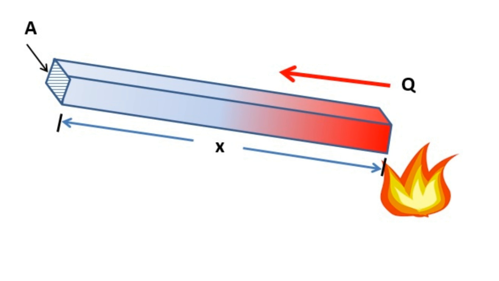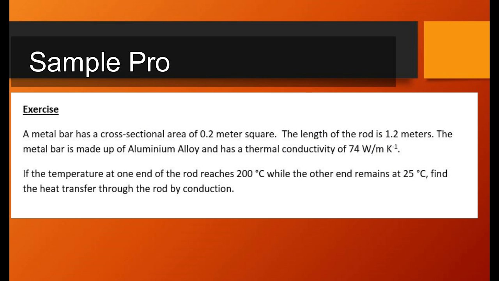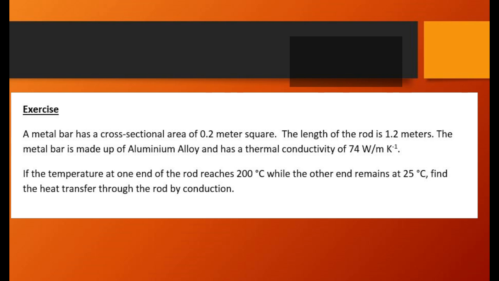In this video, we're going to be exploring how to solve a simple problem on conduction. So we have a sample problem already, and I'll read it out and then we'll begin to solve it. The problem is that a metal rod has a cross-sectional area of 0.2 meter square and a length of 1.2 meter.